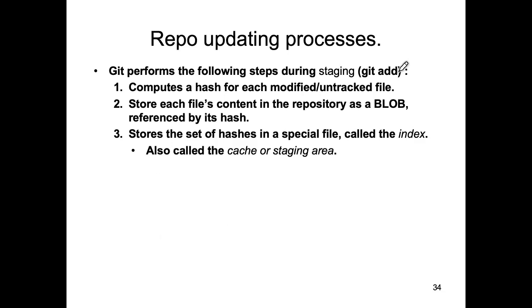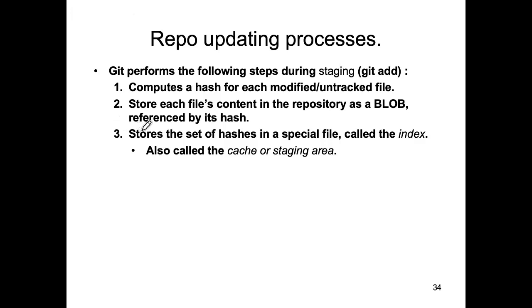It computes the SHA-1 hash value for each one of those files, and it creates an object in the objects folder for that file, and it stores the contents of the file inside the object. So that's what I'm saying here in 1 and 2.